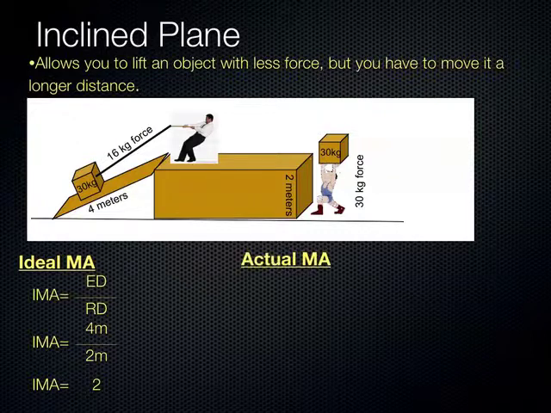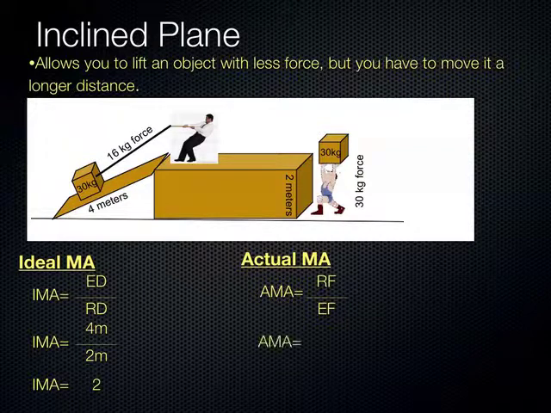Okay, let's look at the actual mechanical advantage now. So that's in a perfect world. But is there going to be some friction? Is it actually going to make it twice as easy? Not quite. So for actual mechanical advantage, we use our forces. The resistance force, which is basically the weight of the object. What is it? 30 kilograms.